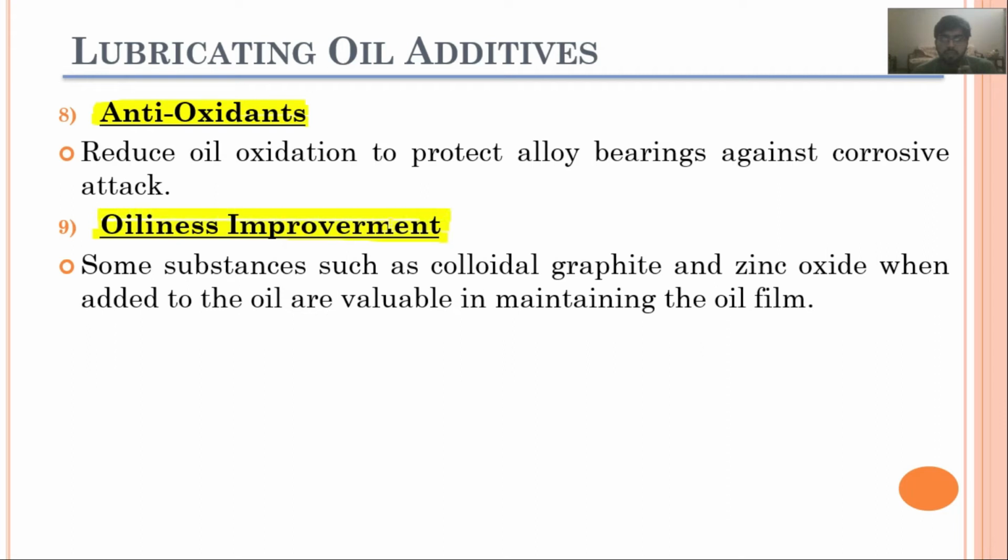These additives enhance the oiliness property of the lubrication oil, and the substances used are colloidal graphite and zinc oxide. When they are added to oil, they increase the strength of the oil film which is formed between the moving components.